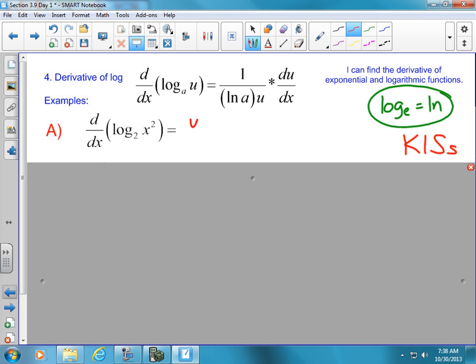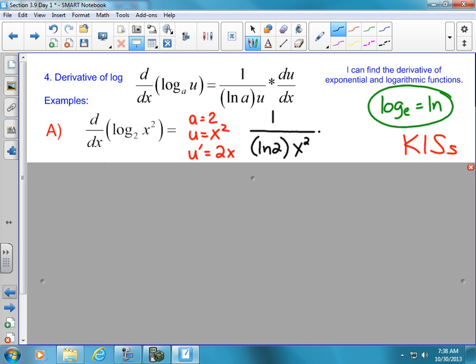Let's start with a. A equals 2. We have a base of 2. A is your base. U equals x squared in this case. The derivative of u is 2 times x. Once you have that determined, you're going to use your trusty formula: 1 over ln of 2, ln of a, times u, which is x squared, and then you multiply times the derivative of u, which is 2x.